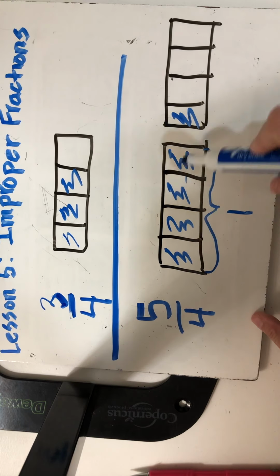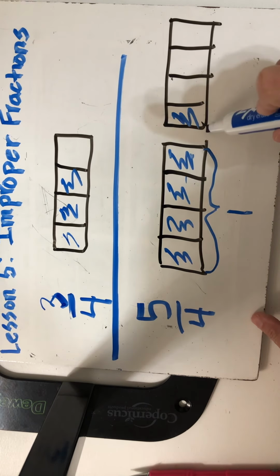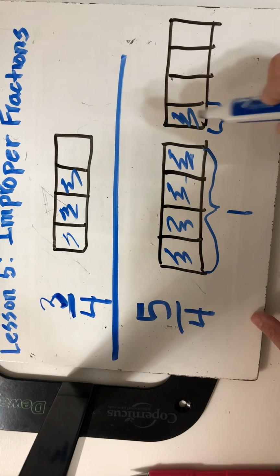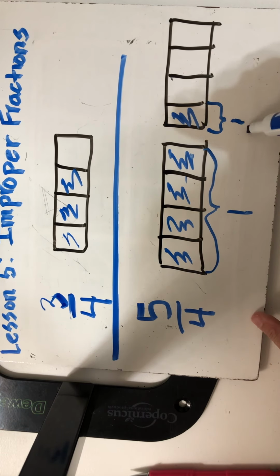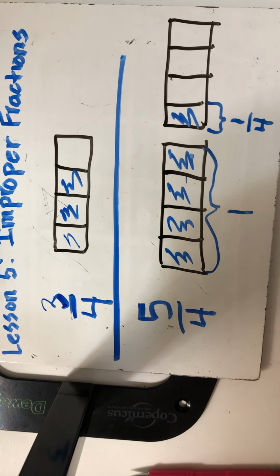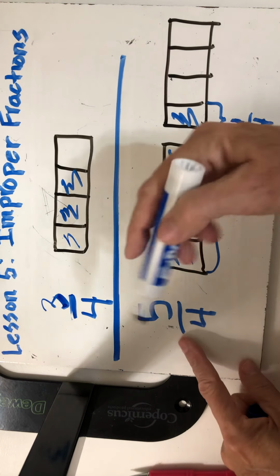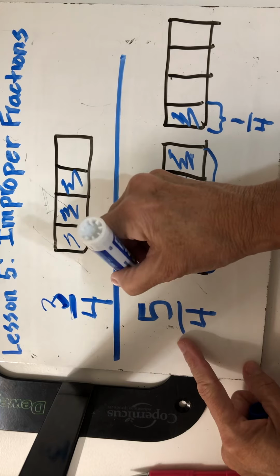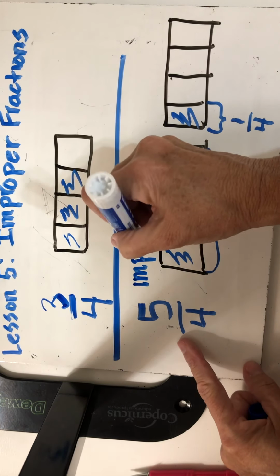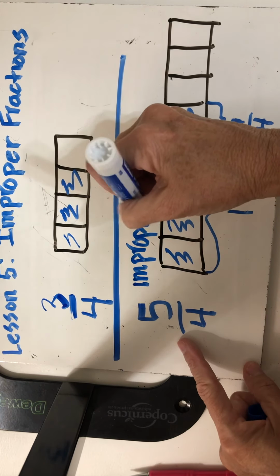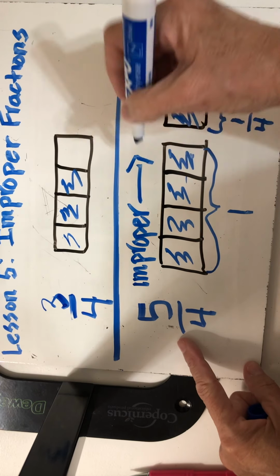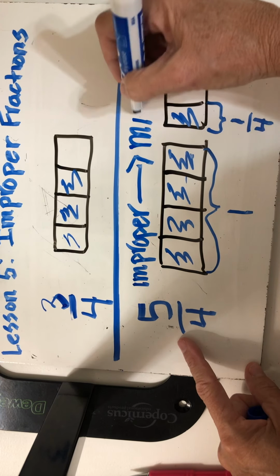Yes, I have 5/4. This one is actually 1 whole, isn't it? If I have 4 of the 4 parts, that's equal to 1. This last fourth is 1 of the fourths. So the important part today that you need to understand is that this is called improper, and it can be converted into a mixed fraction.